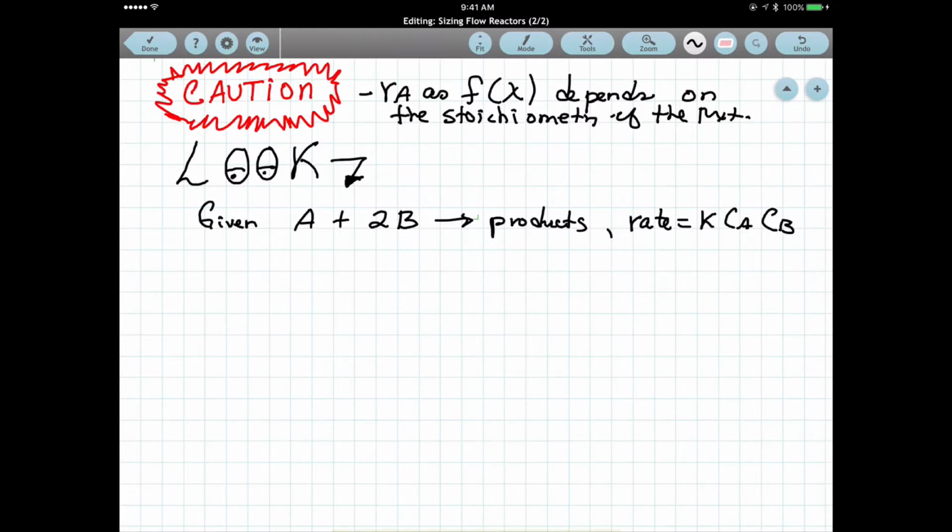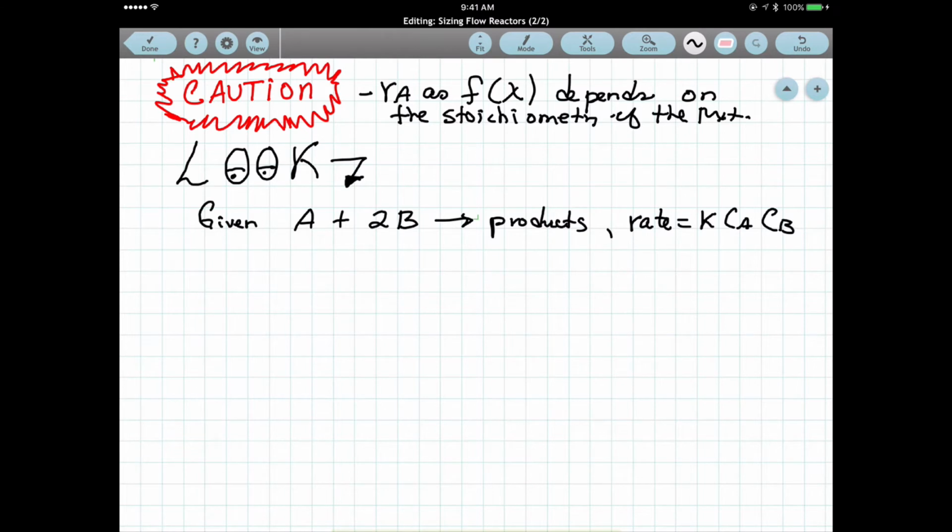As I told you, you have to be very cautious when you define RA as a function of conversion, because it does depend on the stoichiometry of the reaction. So this is an example. Let's consider the following example where we have 1 mole of A going to 2 moles of B, and that reacting with 2 moles of B is yielding some products.